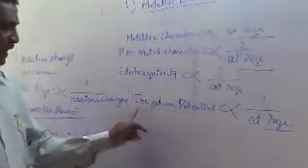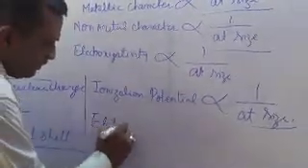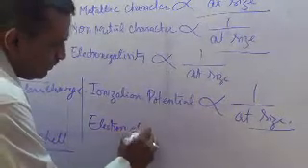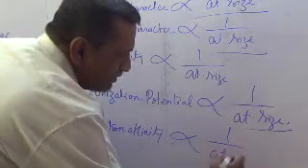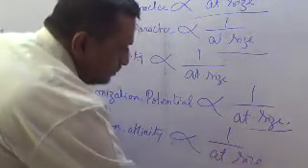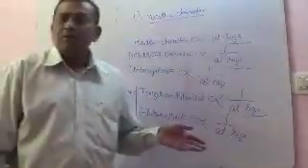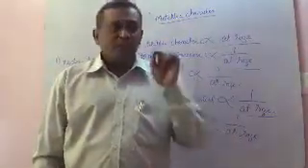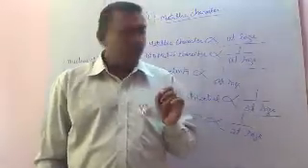Correct? And in the same way, electron affinity is also about the atomic size. What is electron affinity? It is the amount of energy released when you add one electron to the isolated gaseous atom. Right?